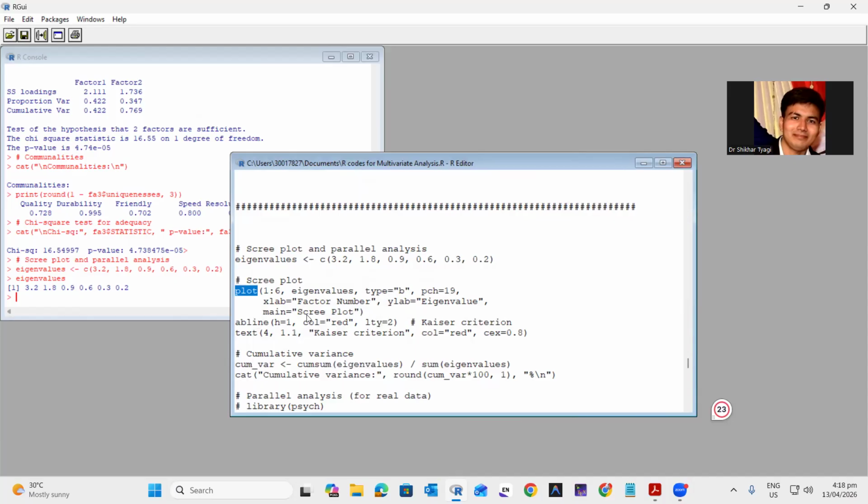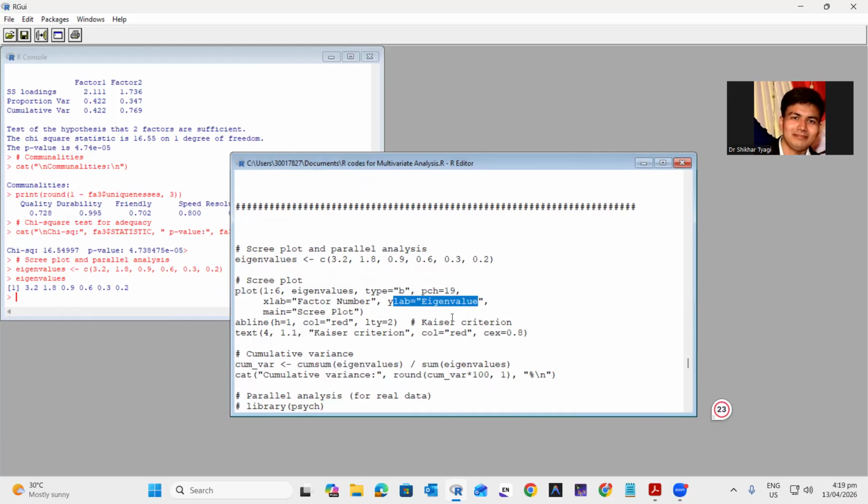Type b means both points and lines should be drawn, and pch 19 means use a solid circle point. xlab and ylab are the text that should appear on the x-axis and y-axis.